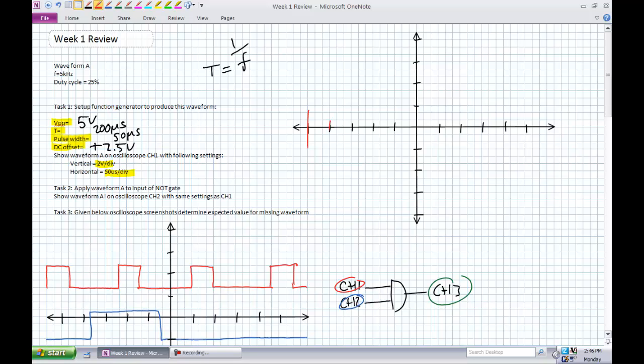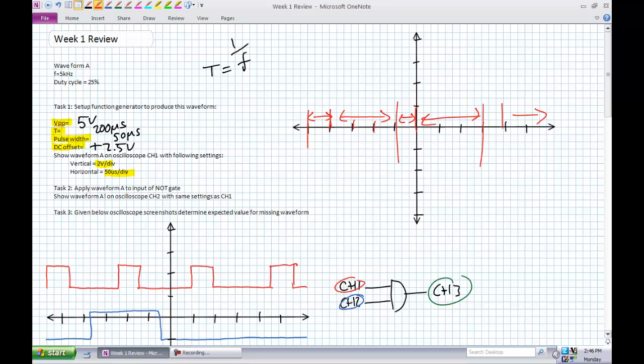So there's 50, 100, 150, 200. That's my period. So every 4 blocks, it's going to repeat itself. If it's got a 25% duty cycle, it's going to be on for 50, off for 150, on for 50, off for 150, on for 50, so on and so forth. It's going to repeat itself.